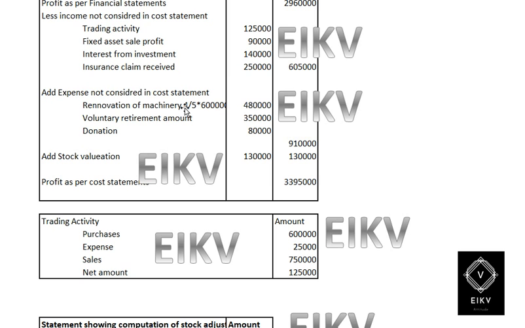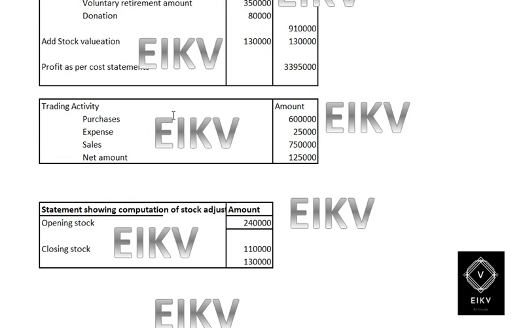But the life of such renovation is 5 years. So when we do the cost accounting statement, the entire amount will be divided by 5 years, and the renovation amount will be charged equally for the respective 5 years. So over here, the entire amount is taken in financial statement, but 1/5 of the amount will be taken in cost statement. Therefore, the 4/5 of such amount should be added back.